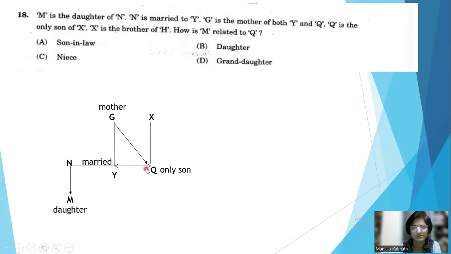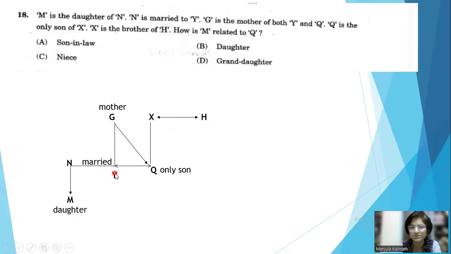They are cousins. Then X is the brother of H, so one more relation is there. X is the father and Q is the only son, meaning X has only Q.